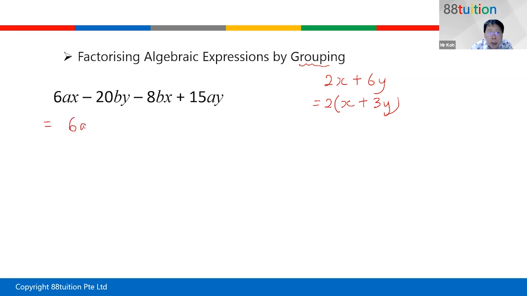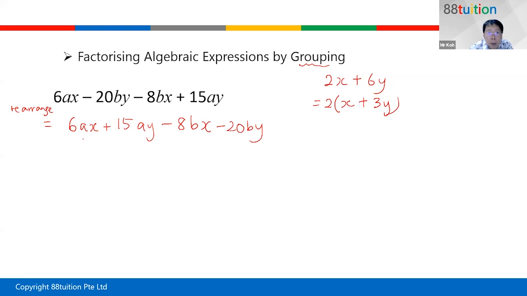So I put 6ax, I rearrange, plus 15ay. Since I put x first, then y, the next one will be minus 8bx, and then minus 20by. So this is called rearrange.